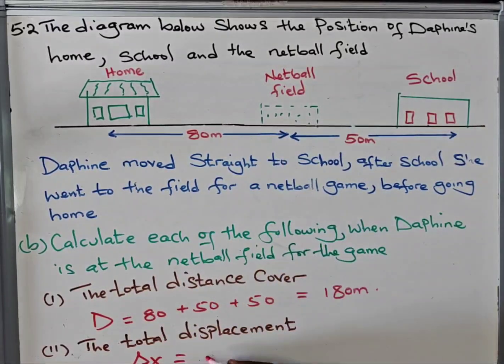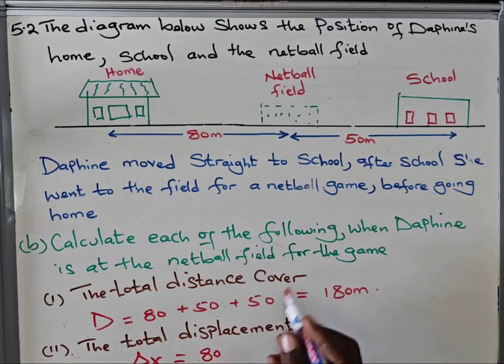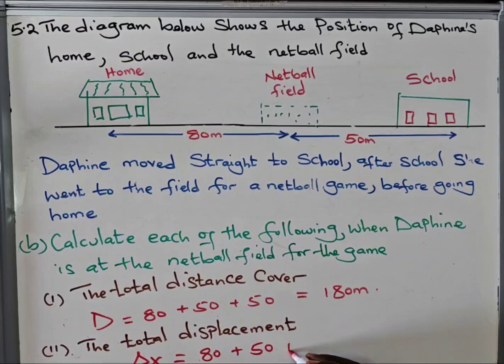She moved 80, you have it here. She moved 50, we have it here. Then she came back. Coming back means moving in the opposite direction.